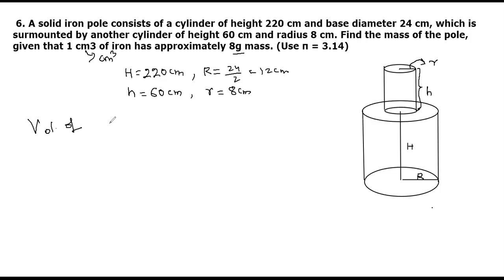The volume of the solid iron pole will be equal to the volume of the small cylindrical portion plus the volume of the bigger cylindrical portion.